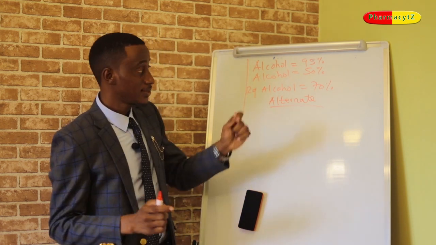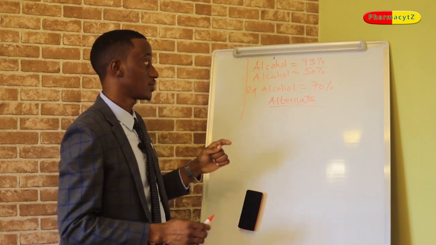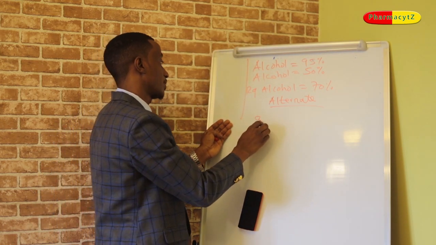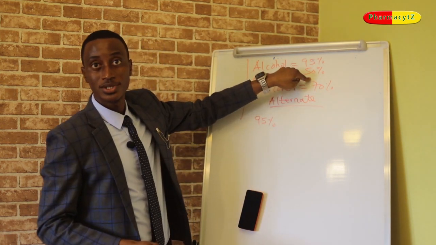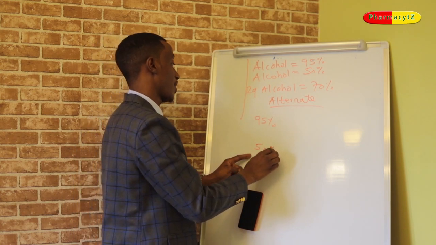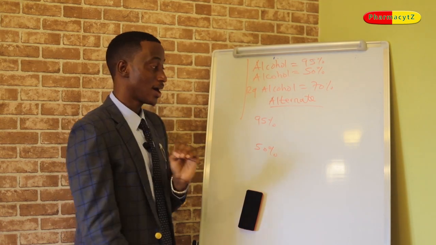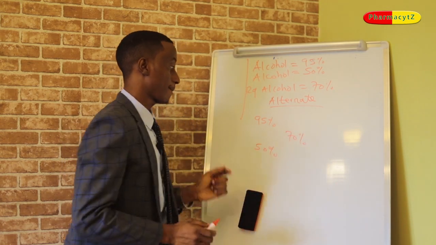So in this sense, 95% alcohol is the one with the highest concentration. So the highest concentration component shall be on the top. This is alcohol 95%, and the lowest concentration, alcohol 50%, shall be on the lower part, while 70%, which is the required concentration, shall be in the middle.